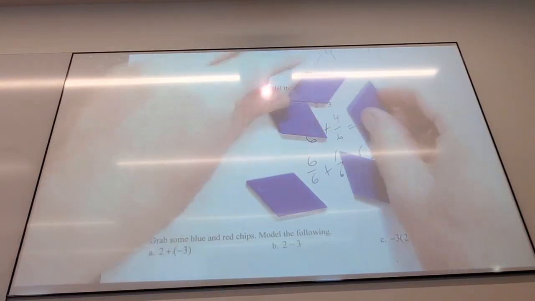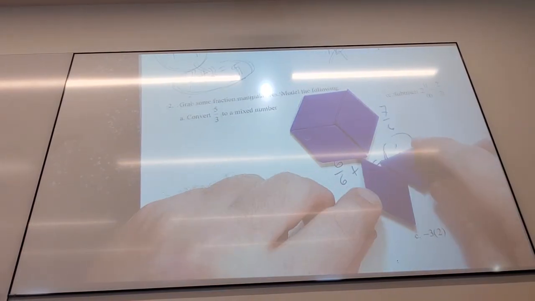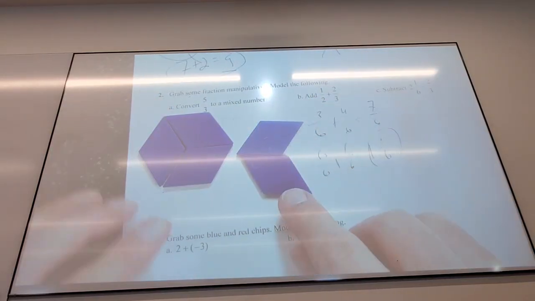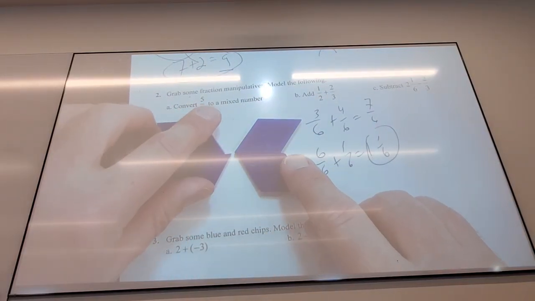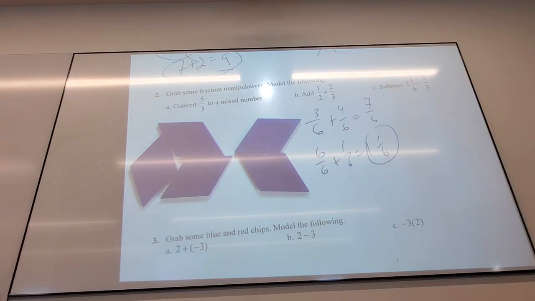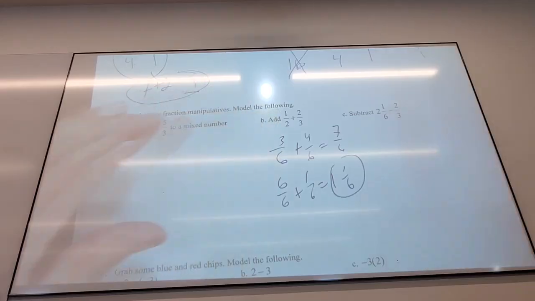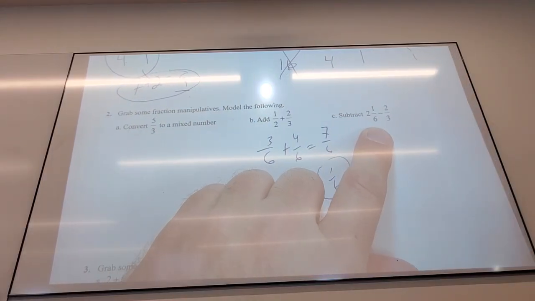So then this is literally just putting them together. 5/3 to mixed number is 1 and 2/3, yes. So it's just reorganizing the shapes that you're given. That's fascinating, Jeff. Wow. What's up? That's a wow. Wow, I like it. That's a good reaction. And then 2 and 1/6 minus 2/3.